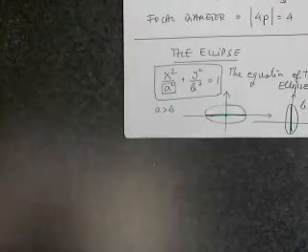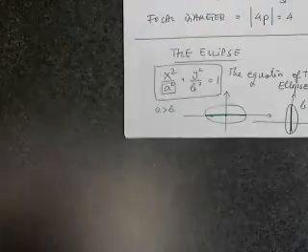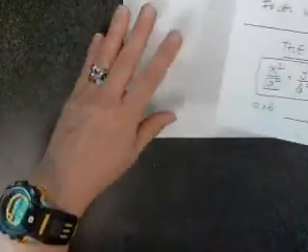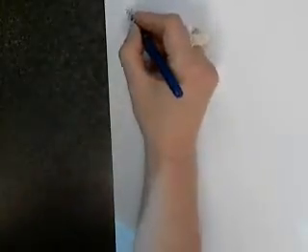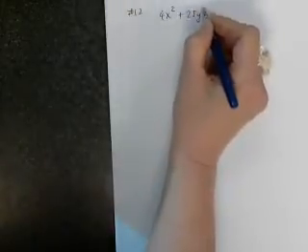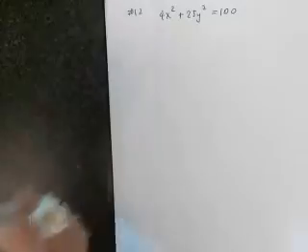On page 739, let's say problem 12. We have 4x squared plus 25y squared equals 100.